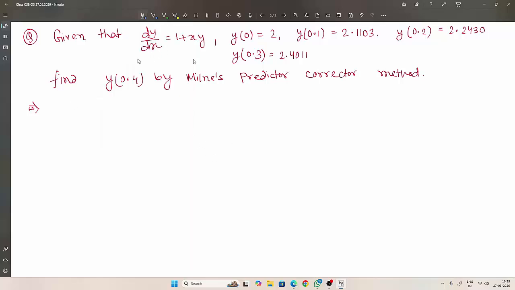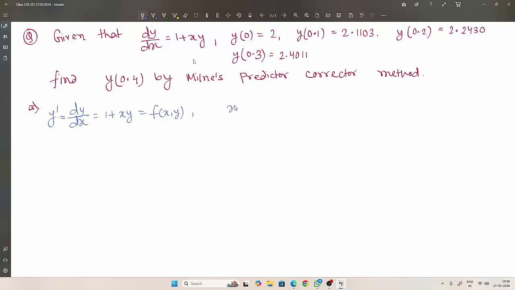So first of all, whatever values are available, we will note them down. The available values are dy dx is equal to 1 plus xy, which is our f of x, y. This dy dx is actually y dash, or y prime. So y prime is 1 plus xy, which is f of x, y.